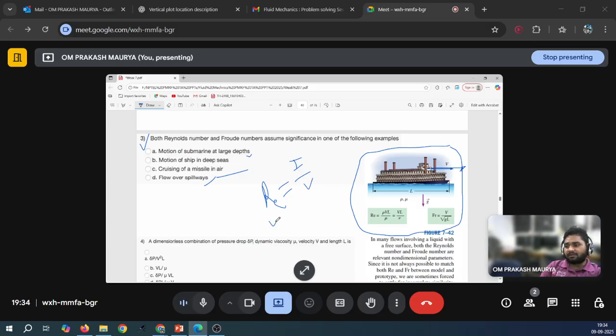If the Reynolds number is 40,000, then inertia force over viscous force, where viscous force I am going to write as mu, means your inertia force is 40,000 times your viscous force. If something is 40,000 times your viscous force, there is no meaning of the viscous force.